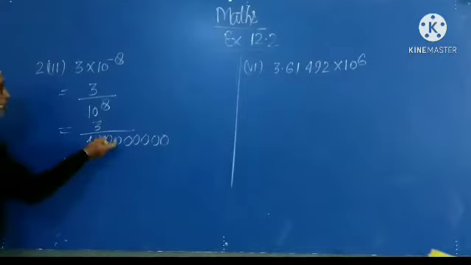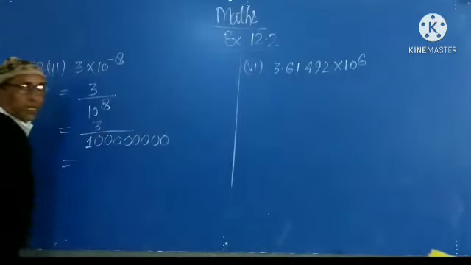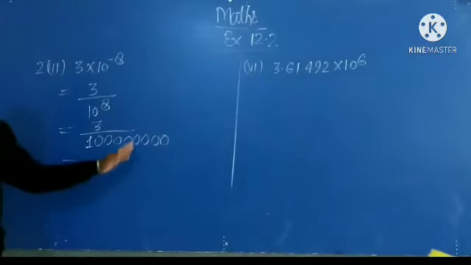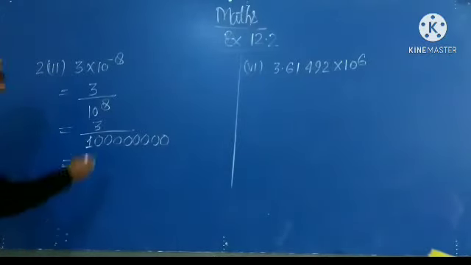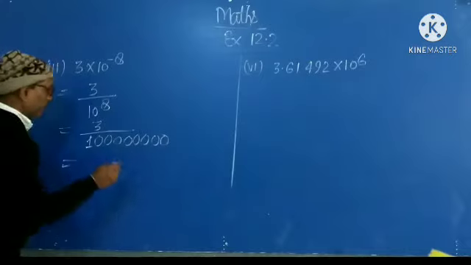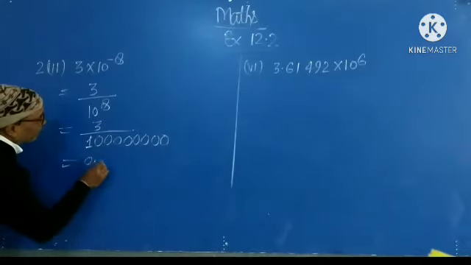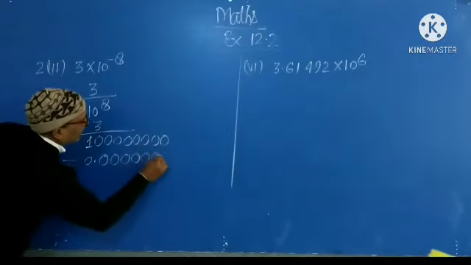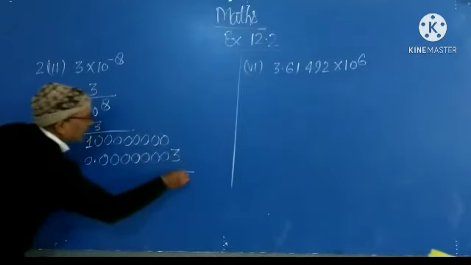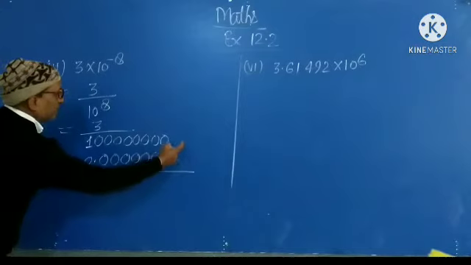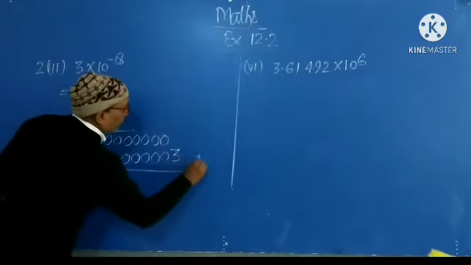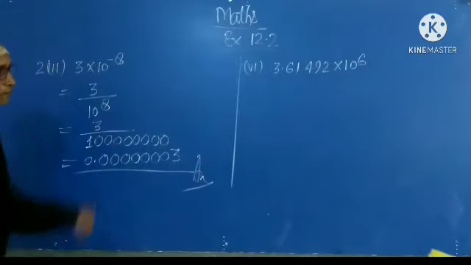When you divide 3 by this number, the decimal shifts 8 digits to the left. You have only 1 digit, so you write 0.00000003. This decimal is shifted 8 digits to the left. This is the usual form of this number.